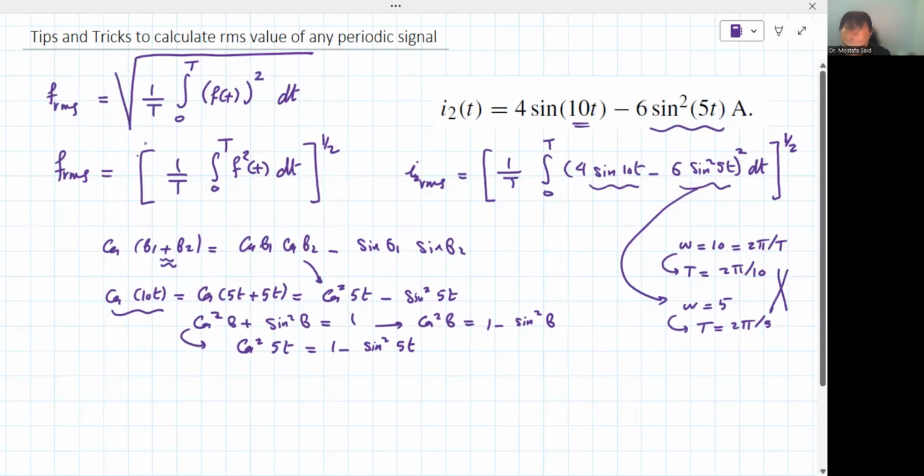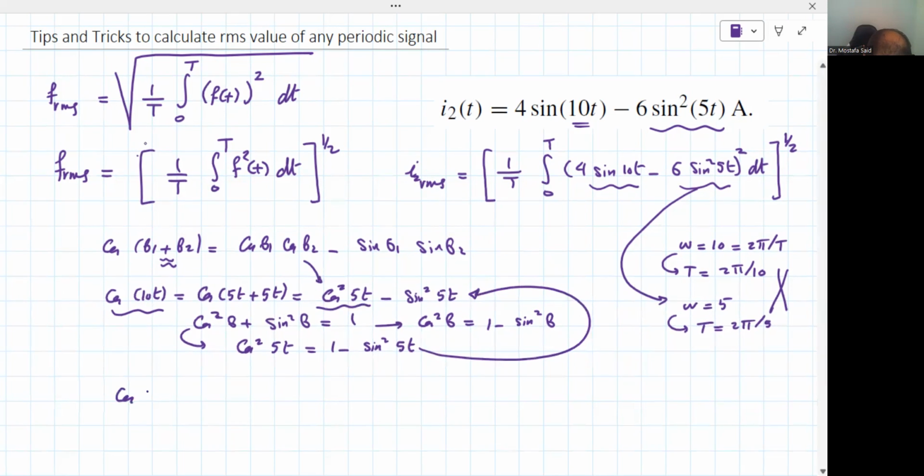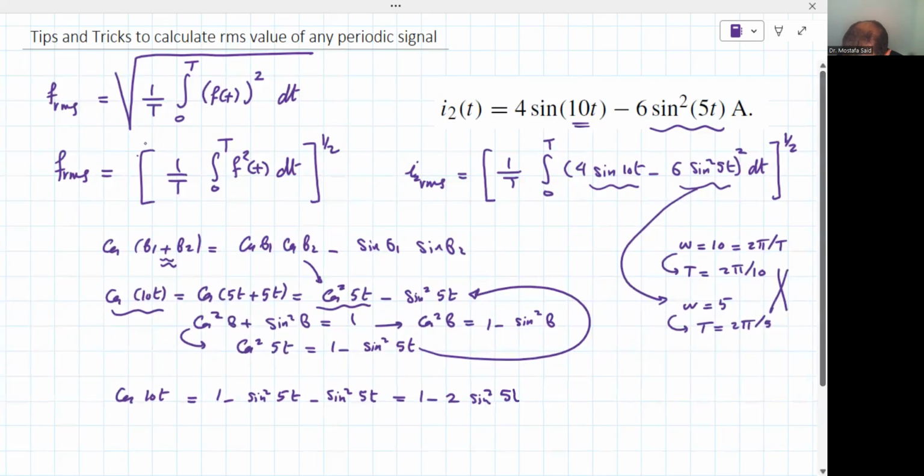Theta is equal to 5t. I'm going to take that and put it here. So I'm going to remove the cosine square 5t and put 1 minus sine square 5t. So cosine 10t equals 1 minus sine square 5t minus sine square 5t, which is 1 minus 2 sine square 5t.